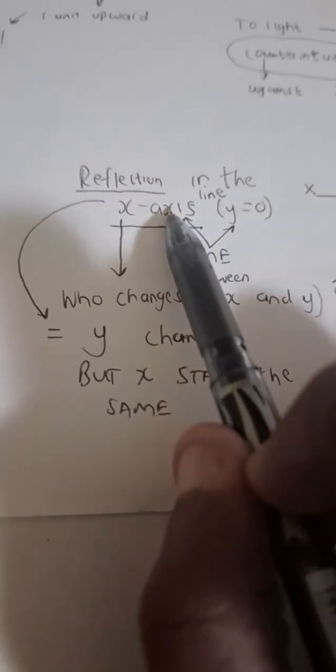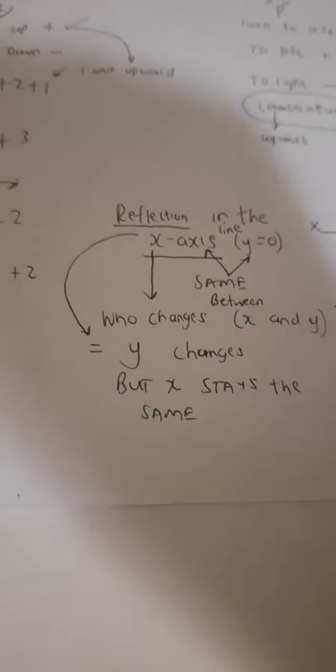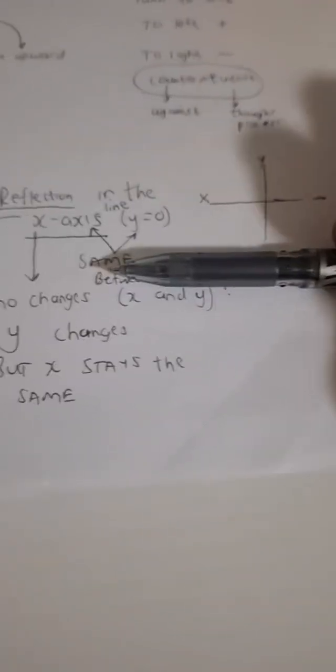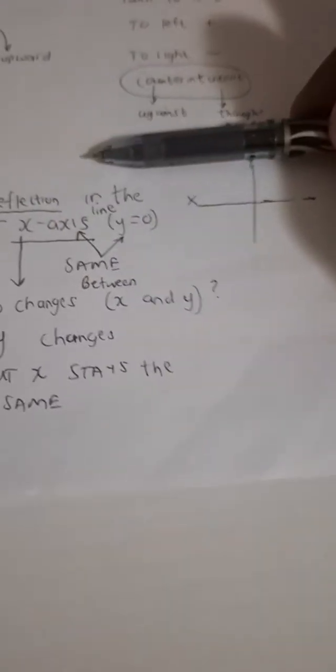So if you are reflecting in the x-axis, you want to see the mirror image on the other side of the x-axis as opposed to this side. If it's this side, you want to see it on this side because you are reflecting along this line, the x-axis.